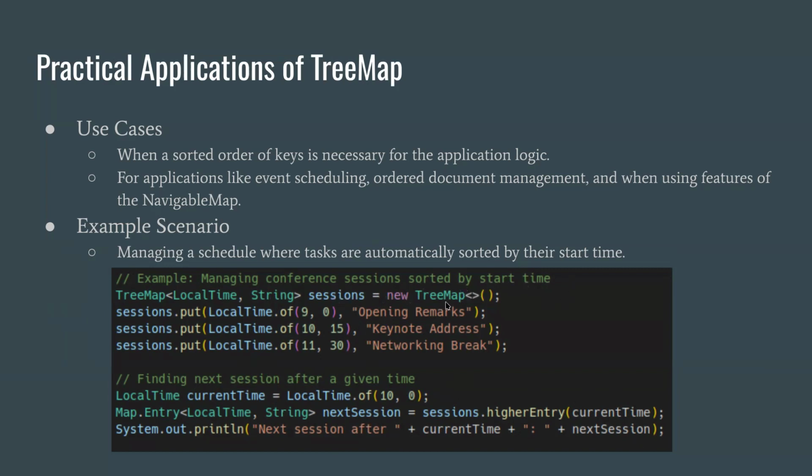So we have a TreeMap that has LocalTime as key and String as value. Then this will be easy to find a session after a given time. And also you can call higherEntry to find the next session.